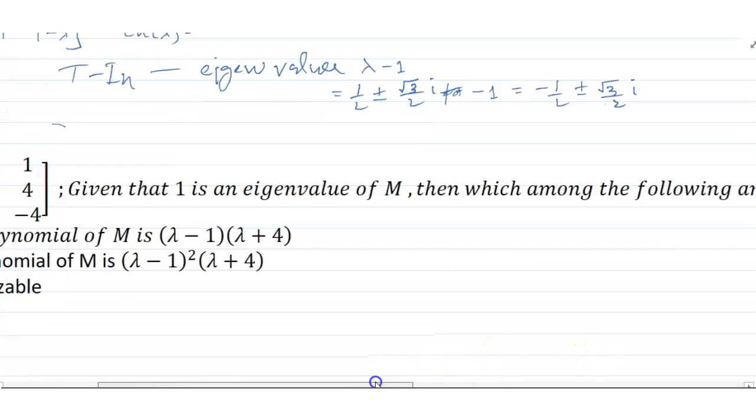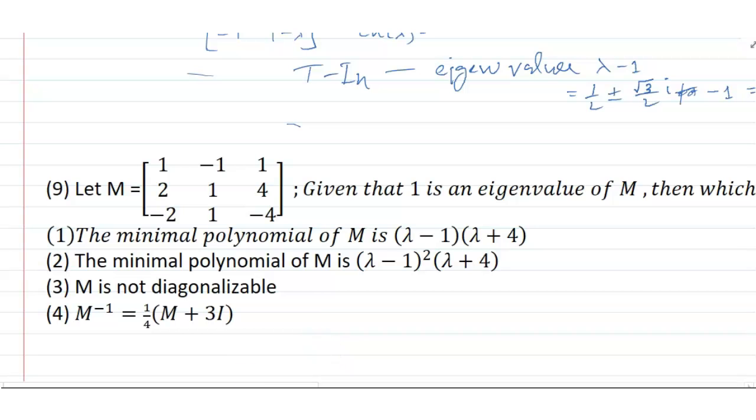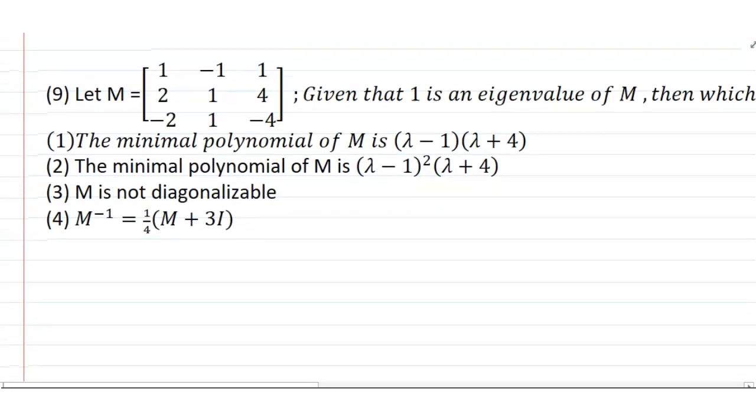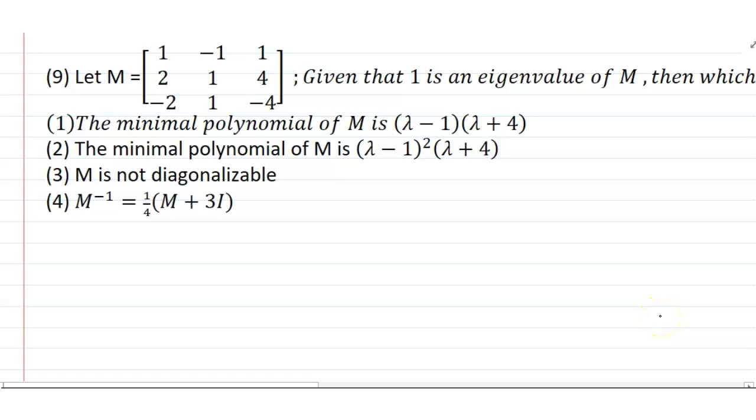Linear algebra is very important and very conceptual. Next problem is number 9. Number 9 is a very good problem. M is given, M equals to 1, 2, minus 2, minus 1, 1, 1, 1, 4, minus 4.